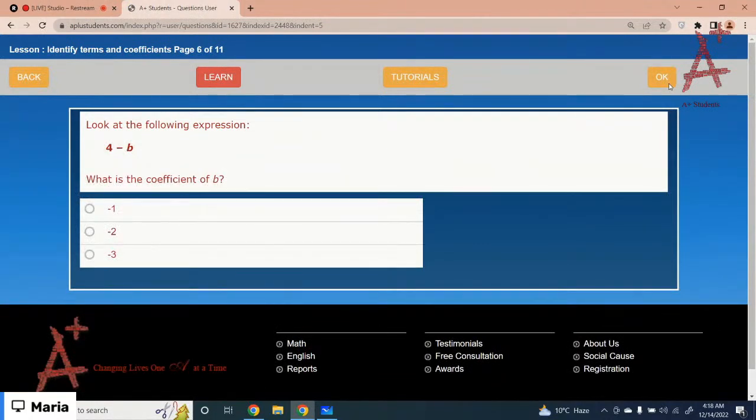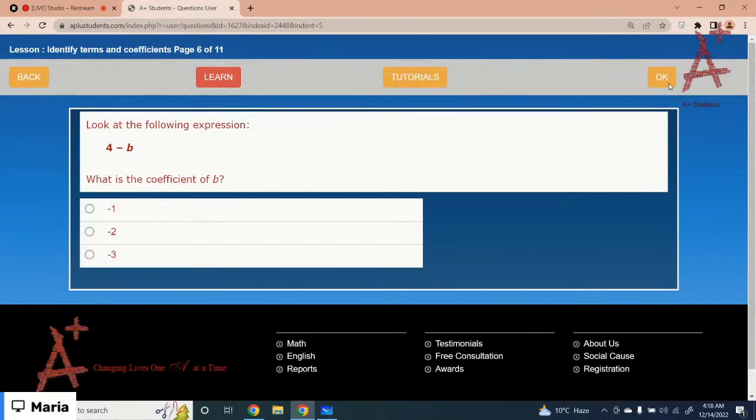Look at the expression. What is the coefficient of b? Do we have a coefficient of b? Which number is it? -1, -2, -3. The coefficient of b is -1. Got it?